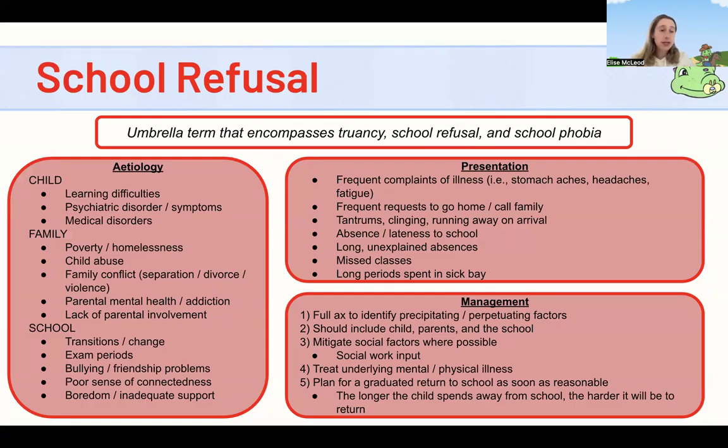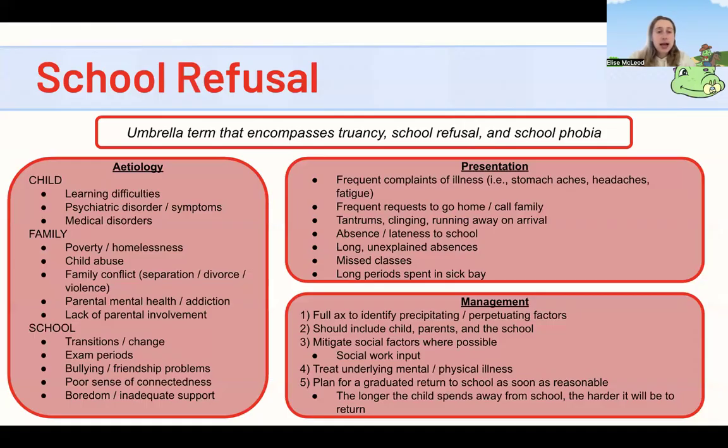So looking at the child themselves, who's at the center of this, and then their family and school, so their support systems around them. So does the child have, for example, learning difficulties or a psych disorder that means that they're not wanting to engage in school, or they're finding it difficult to engage in school, or medical disorders, which mean that their symptoms are also making it difficult to focus at school.